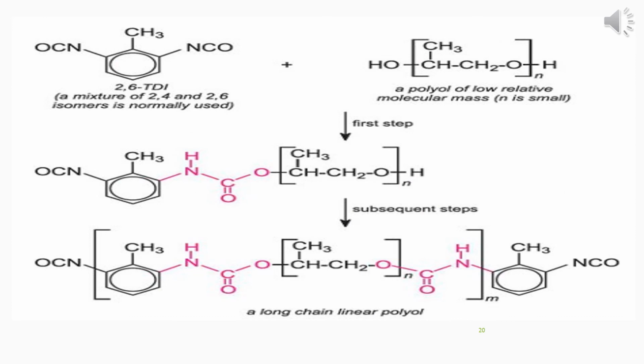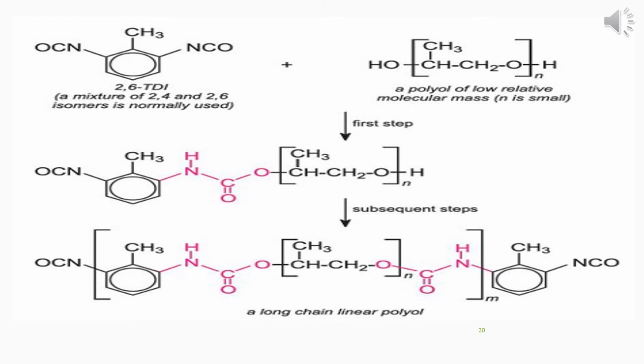Now if we check the reaction with 2,6-TDI, toluene diisocyanate, which is actually a mixture of 2,4 and 2,6 isomers, we treat it with a polyol of low relative molecular mass.